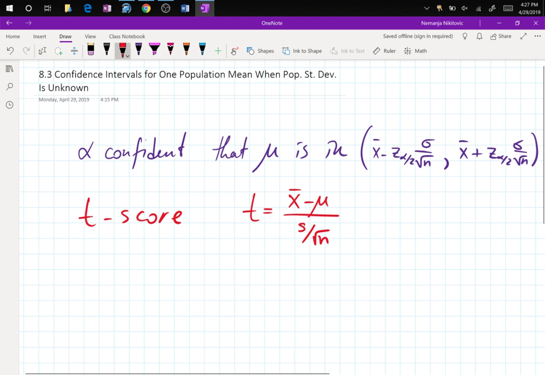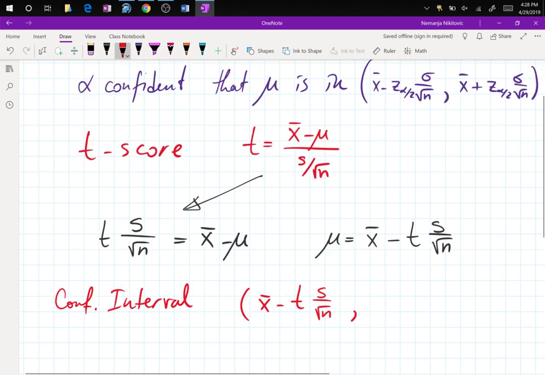So I can create a confidence interval which will look like x bar minus t s over root n, comma, x bar plus t s over root n.